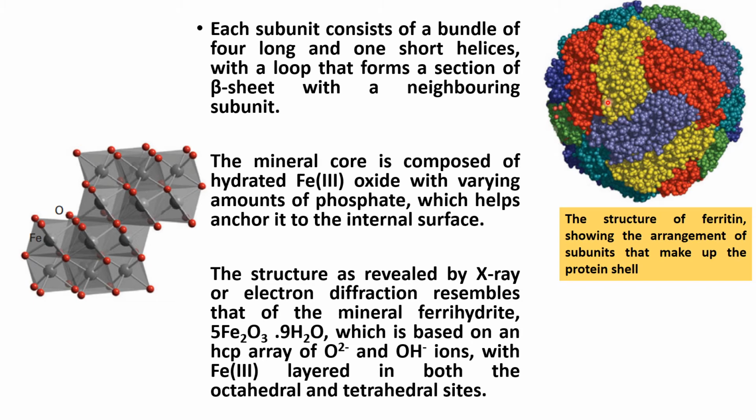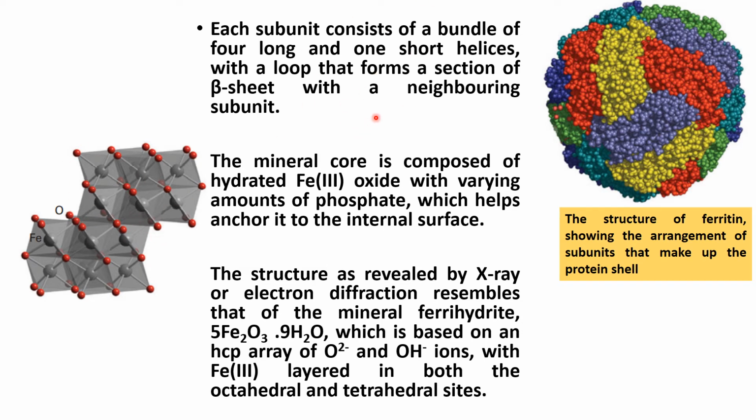Whereas the mineral core is composed of hydrated iron 3 oxide. We know 4500 iron atoms are there in a mineral core, composed of hydrated iron 3 oxide with varying amounts of phosphate, which helps anchor it to the internal surface.